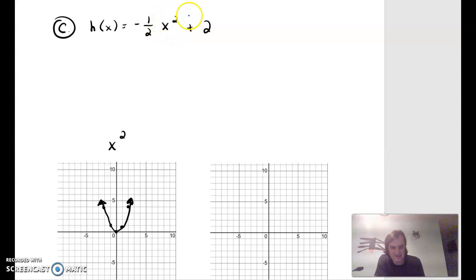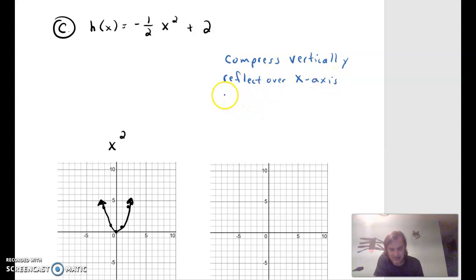So after x is squared, the 1/2 will compress vertically. The negative out front will reflect over the x-axis, and then the plus 2 will shift it up 2.